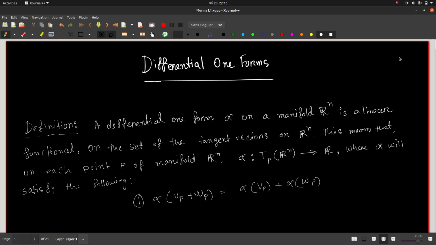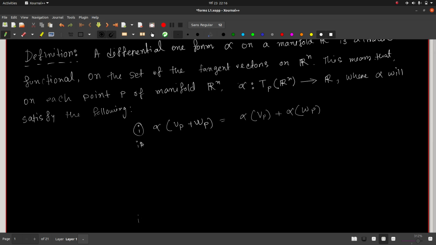And then the second property will be the following, that is property number 2. This property number 2 is similar to a scalar multiplication, that is alpha acting on some A and the vector, where A belongs to real numbers, will be just pulling out the A. That means this will be equal to pulling out the A outside and multiplying the result that is coming from alpha acting over VP.